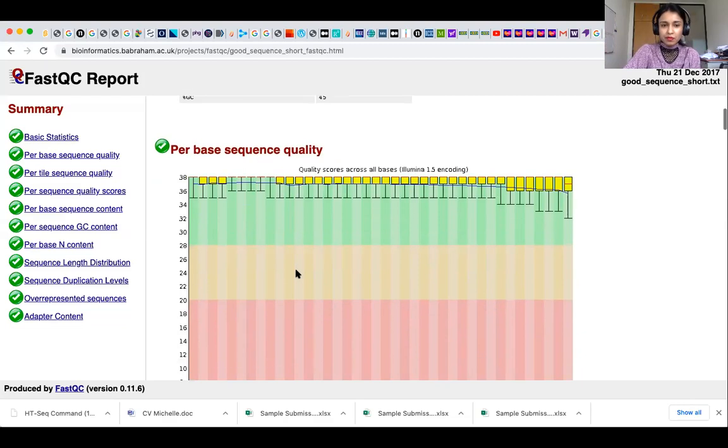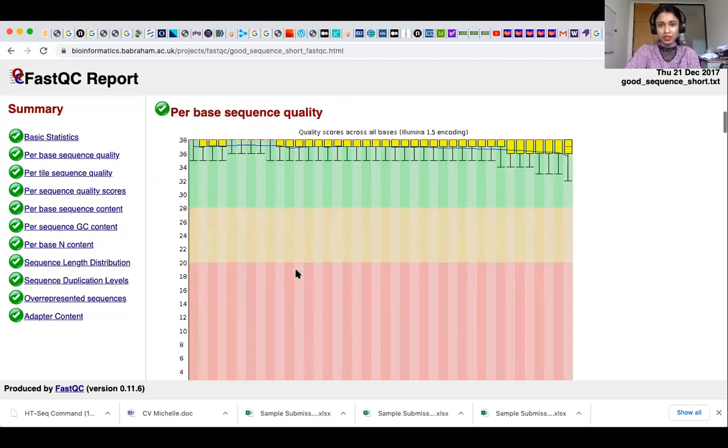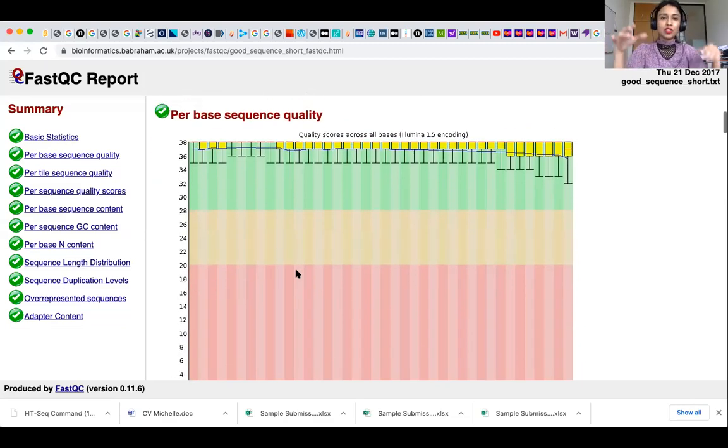Moving on is your per base sequence quality. If you remember, earlier I showed you the FASTQ format data where it had the fourth line with ASCII characters, and we used the table to decode what each ASCII character means. So this software does it for you.